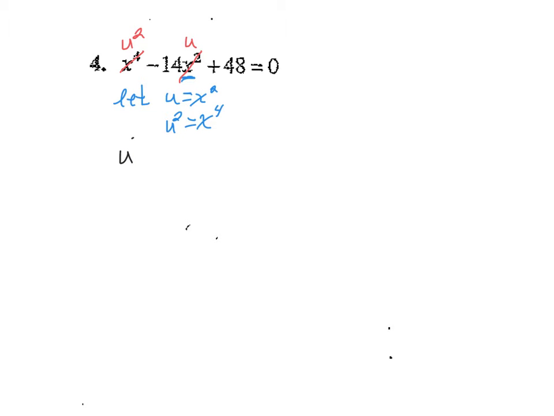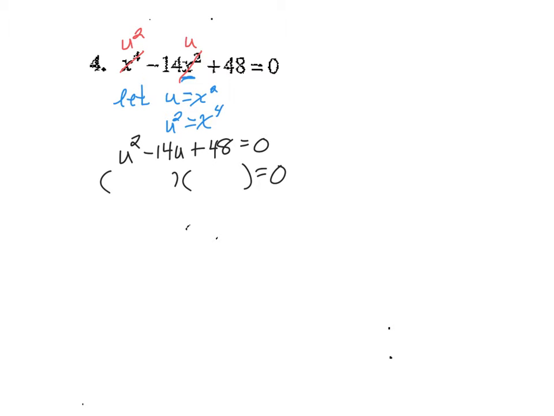You've got u squared minus 14u plus 48 is equal to 0. At the end, we're going to have to go back and replace our u's with what they equal, which will be x squared. So we can factor this quadratic. As I said, if you read it backwards, the factors of 48 that add to give you 14 are.